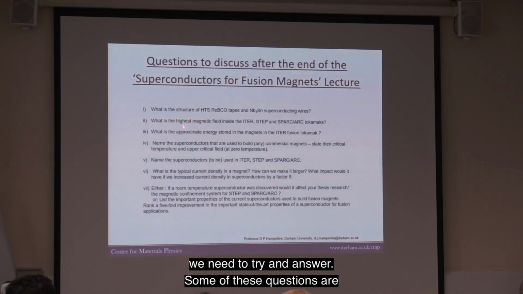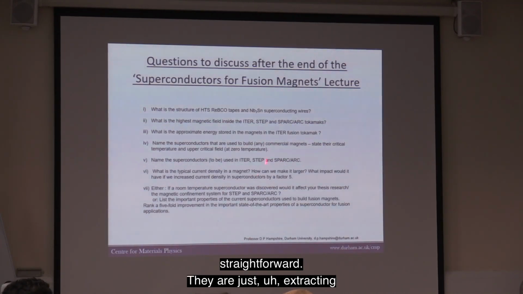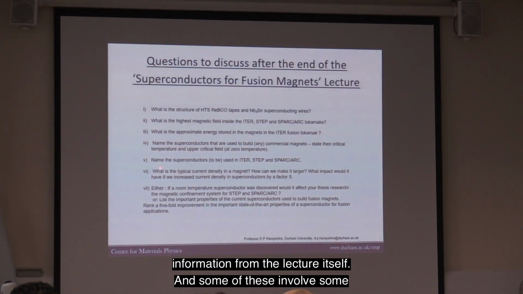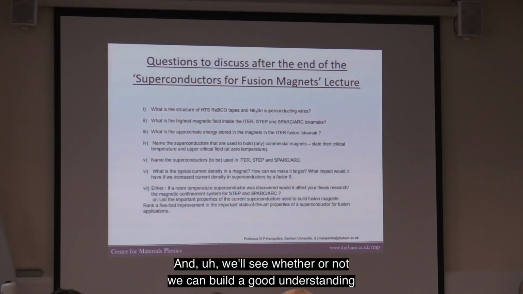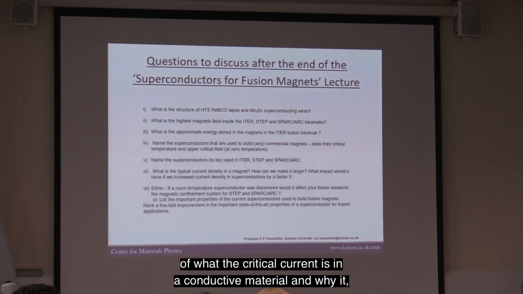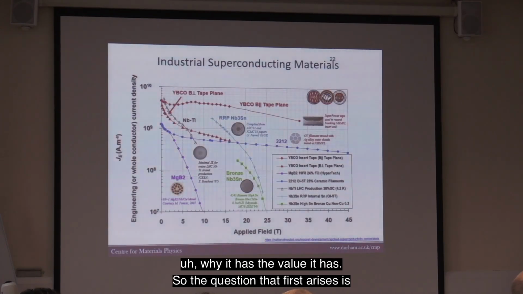Some of these questions are straightforward. They're just extracting information from the lecture itself, and some of these involve some synthesis of the ideas in the lecture, and we'll see whether or not we can build a good understanding of what the critical current is in a superconducting material and why it has the value it has.